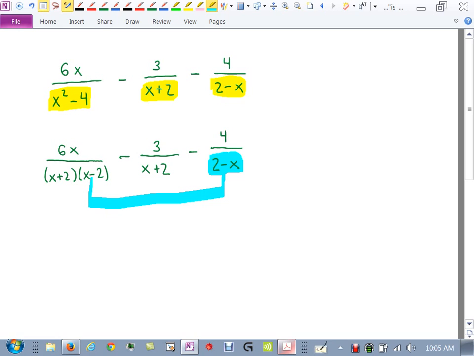It's off by a sign. So what I'd like to do is make those look the same. So I'm going to pull a negative out of that one, and then I'll put the negative out front here, and I'll make that minus become a plus. And I'm going to have to rewrite the whole thing.